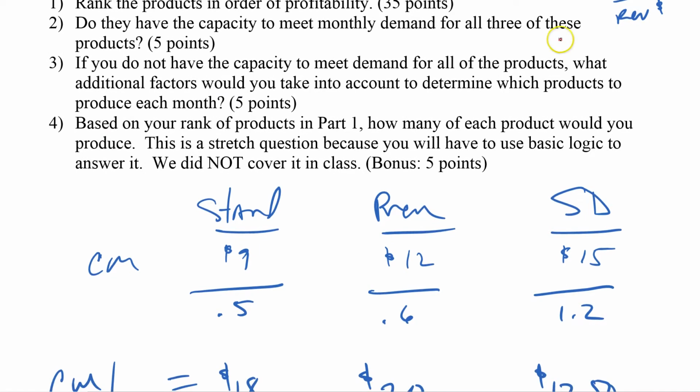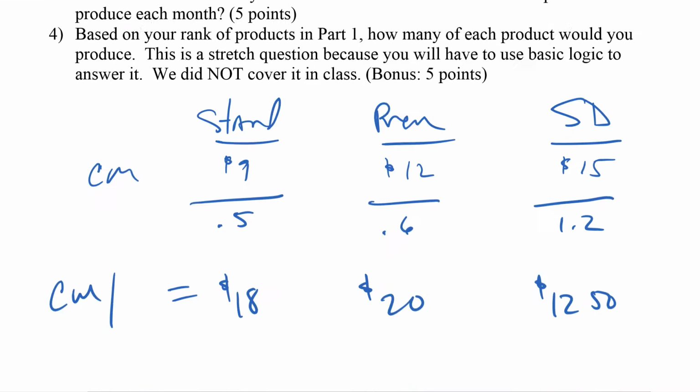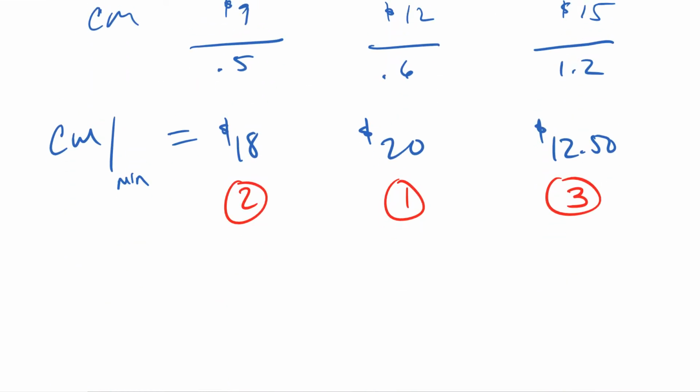Now, do we have capacity to meet demands for all of these products? Well, the answer here is no. So the demand for standard, this is the standard column, right? The demand is 12,000 units times a half a minute, or 6,000 minutes.